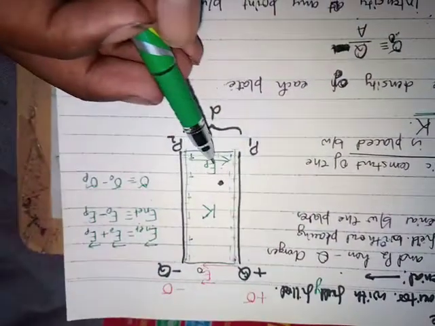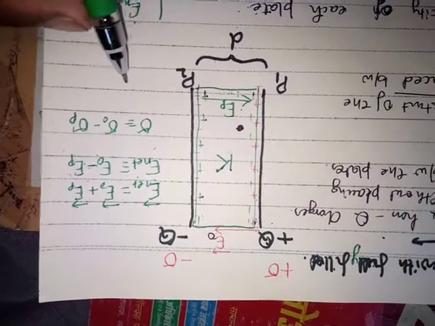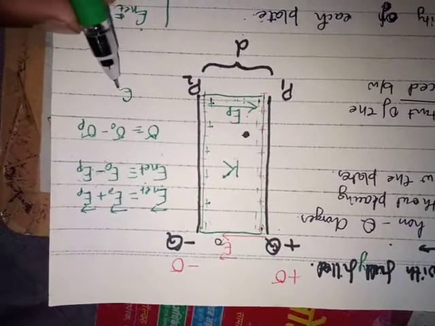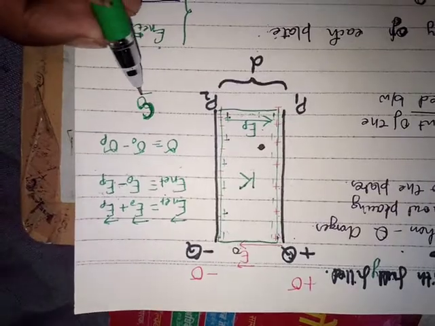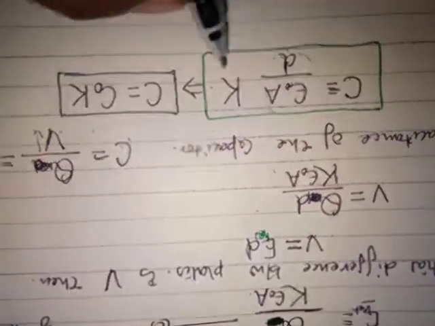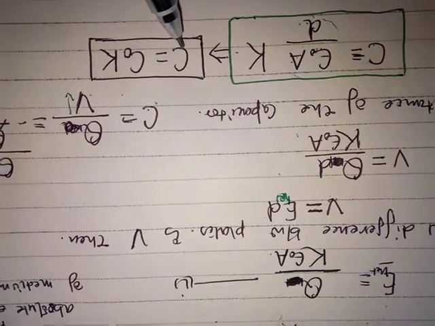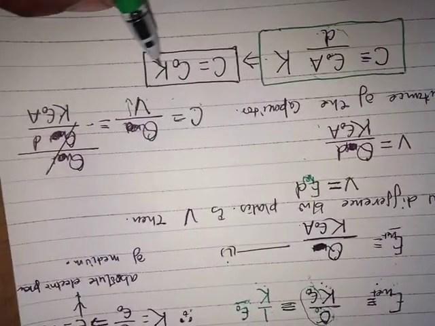So I can write the capacitance at that time as C naught. C naught is the initial capacitance when dielectric is not present between these two plates. Now the present capacitance, when the dielectric material is placed between these two plates, is C naught K.